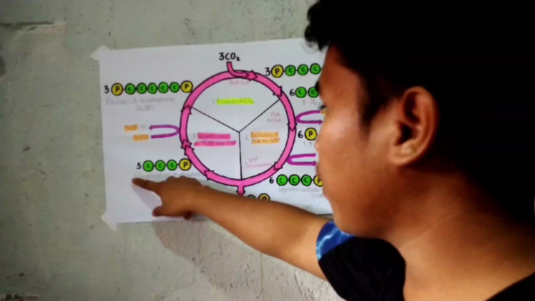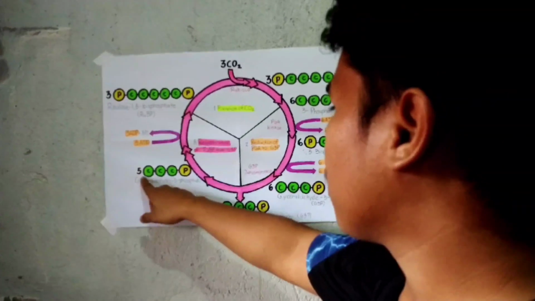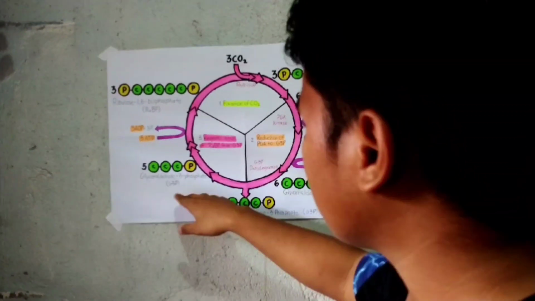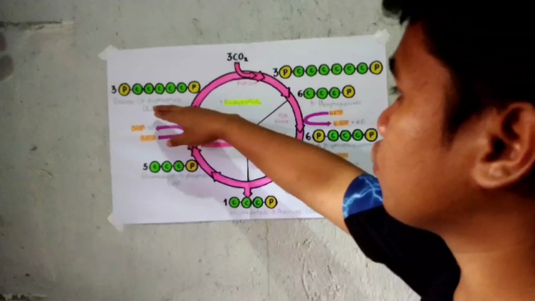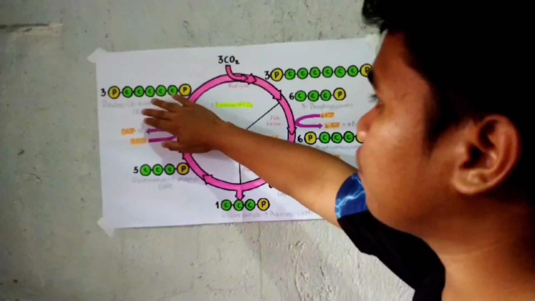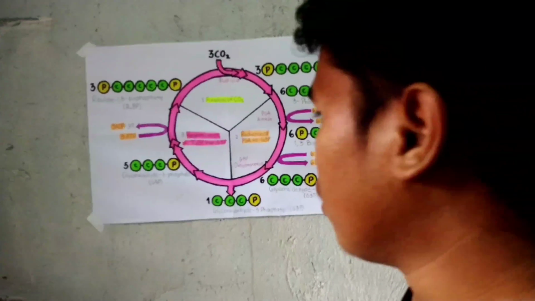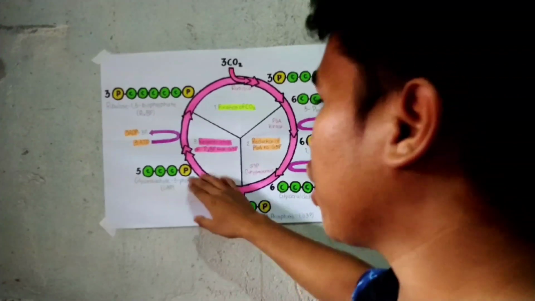Since we have 15 carbons carried by the G3P, and the ribulose needs at least five carbons, we divide 15 by 3.